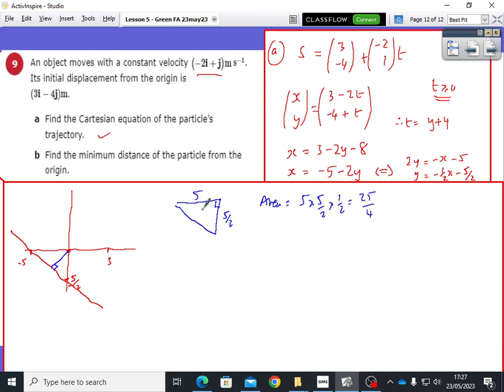So that's the area of this triangle. Now if I worked it out a different way and got this triangle, I know what the area of this triangle is.